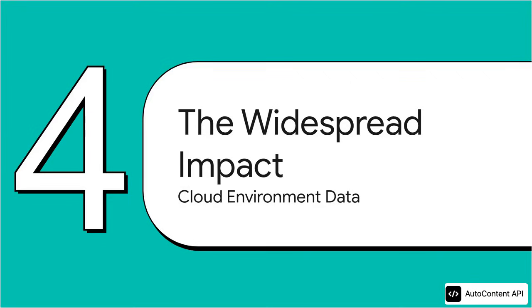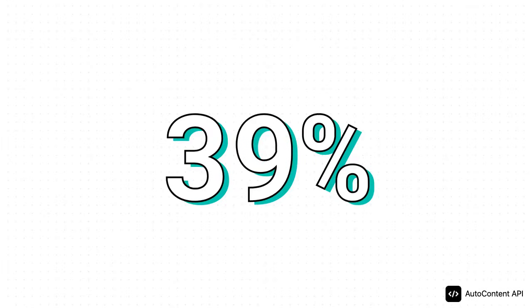Now, to really understand just how big this problem is, we've got to zoom out and look at the bigger picture. You know, how many systems out there are actually running this vulnerable code? The numbers coming out of cloud environments are, well, they're staggering. 39%. Just let that number sink in for a second. 39%.